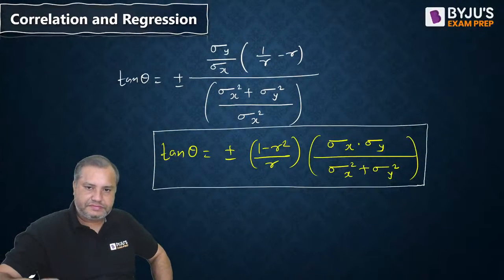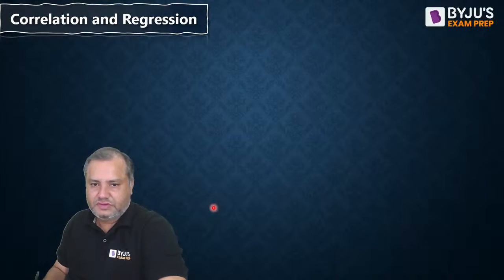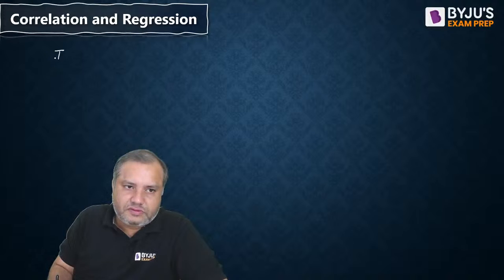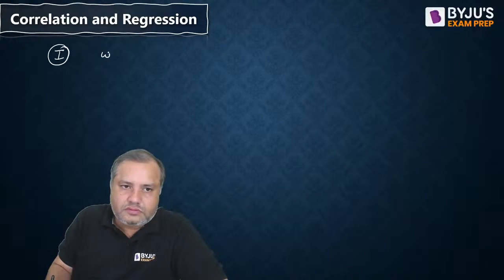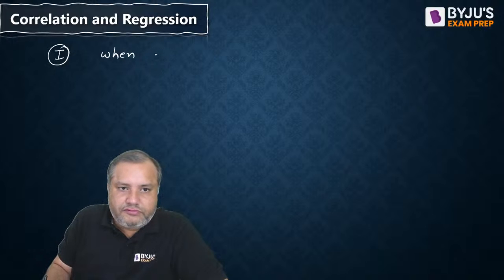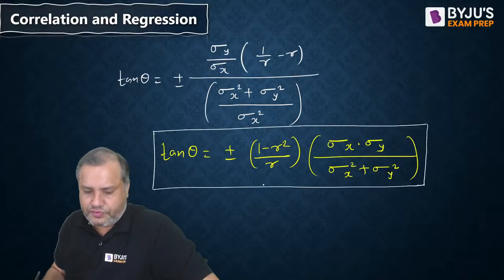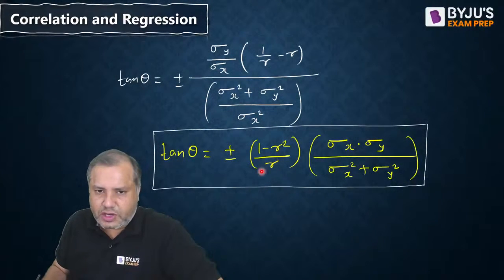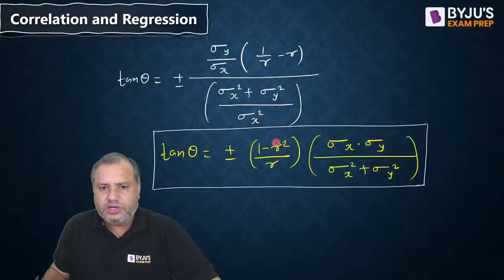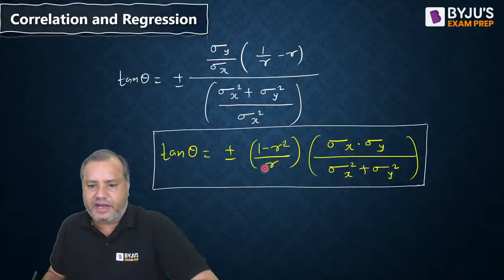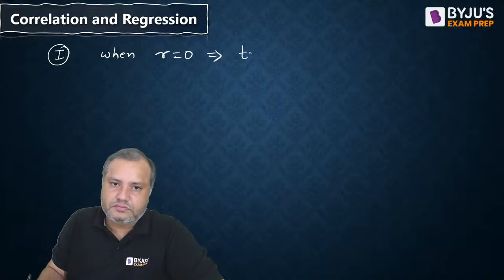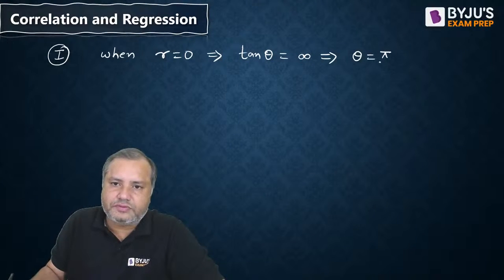See here. When r is equal to 0, what happens? 1 minus 0 is 1, and the denominator is 0, so tan theta is infinite, which means theta is pi by 2.